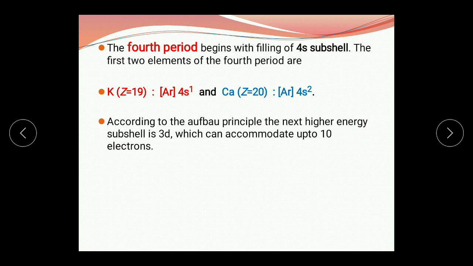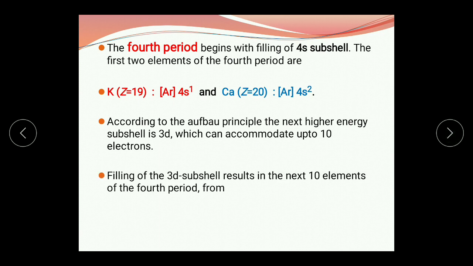I told you earlier also, after 3s, 3p, and after 3p, 4s has less energy than 3d. Hence 4s with 2 electrons will be filled first, and then 3d with 10 electrons. And then 4p will arise. This filling of electrons will be governed by the above principle, and that again you are going to learn in structure of atom.